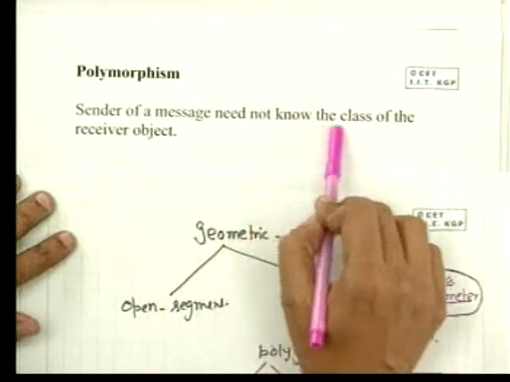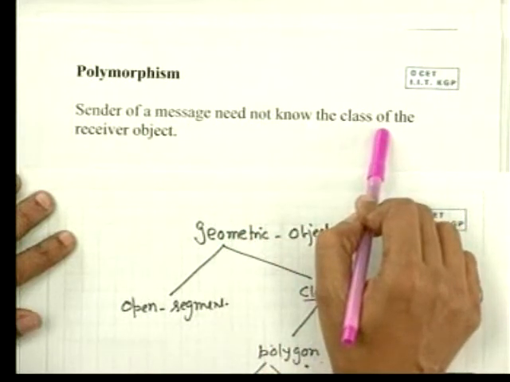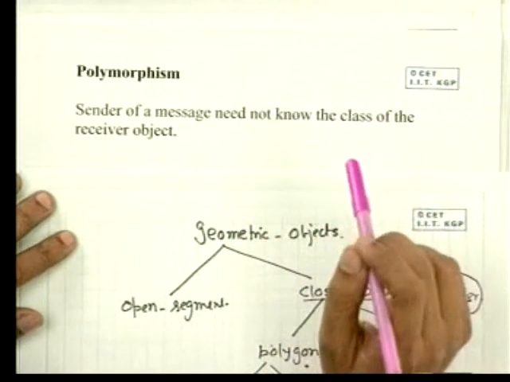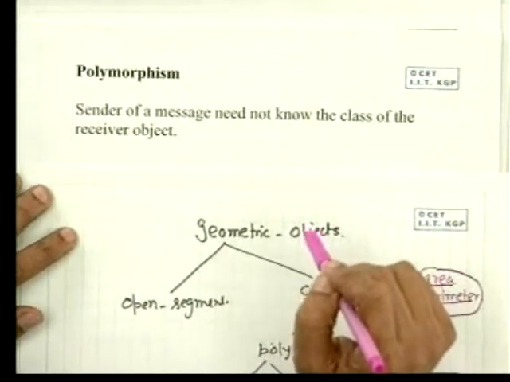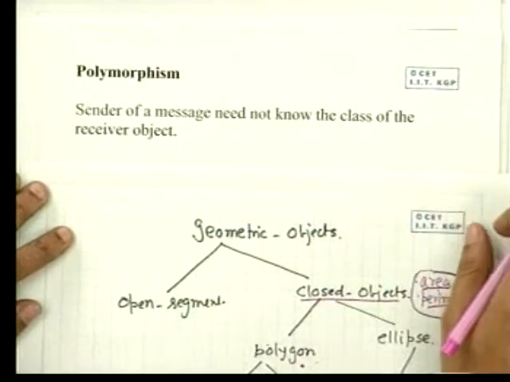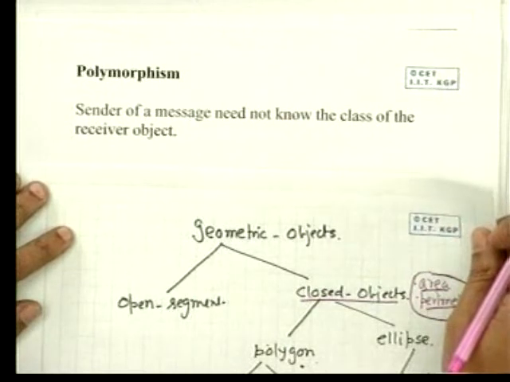So, to recapitulate, polymorphism is a scheme by which we allow the sender object not to be aware of the class or the operation's exact code that is to be used for executing the method in the receiver object.